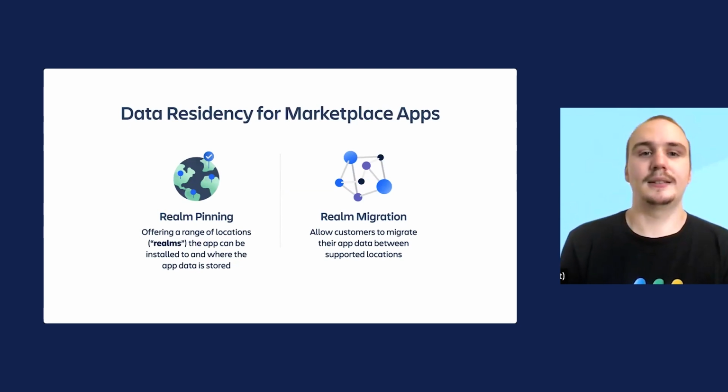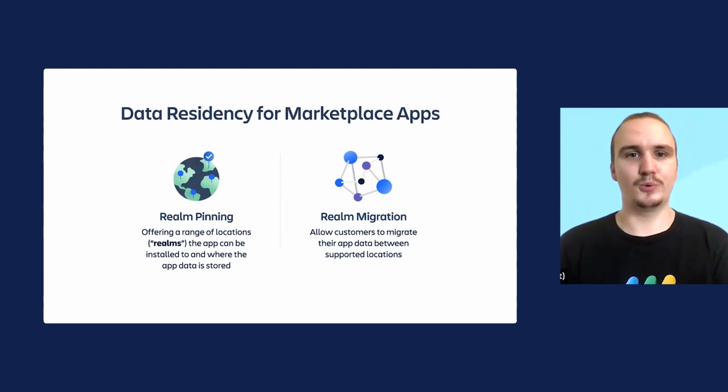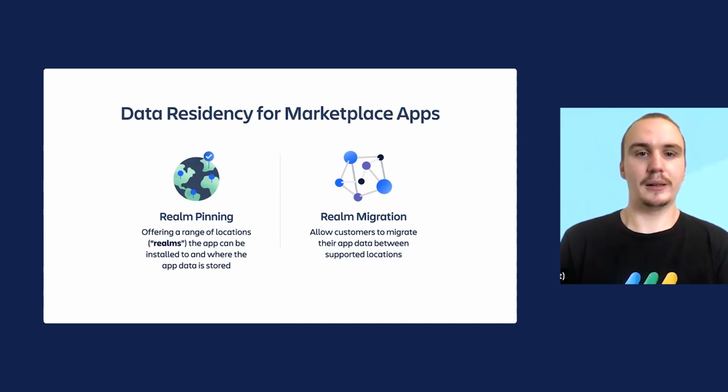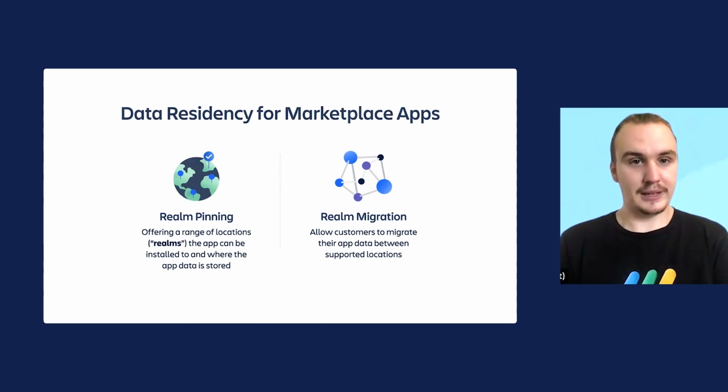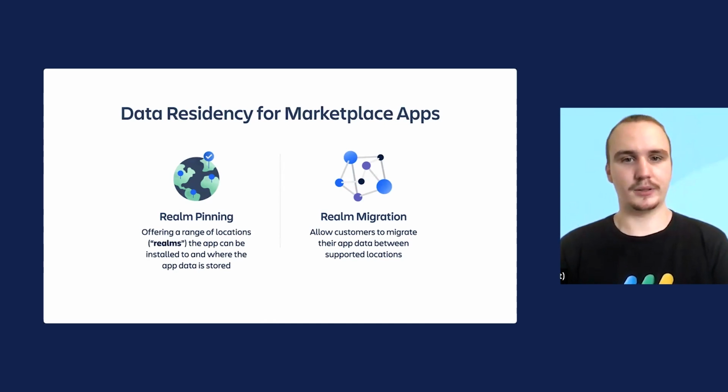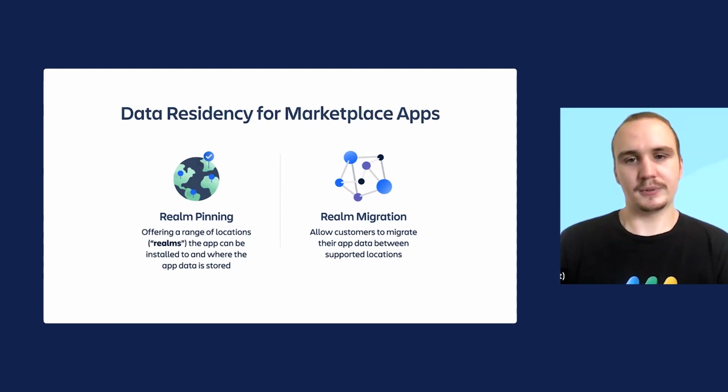Basically, data residency for marketplace apps consists of two parts. The first part is realm pinning. Realm pinning is basically offering a range of locations, which are also called realms, that the app can be installed to, and where the app data must be stored. These are the same realms that Atlassian offers. Once an app is installed, it stays in the realm it was installed to.